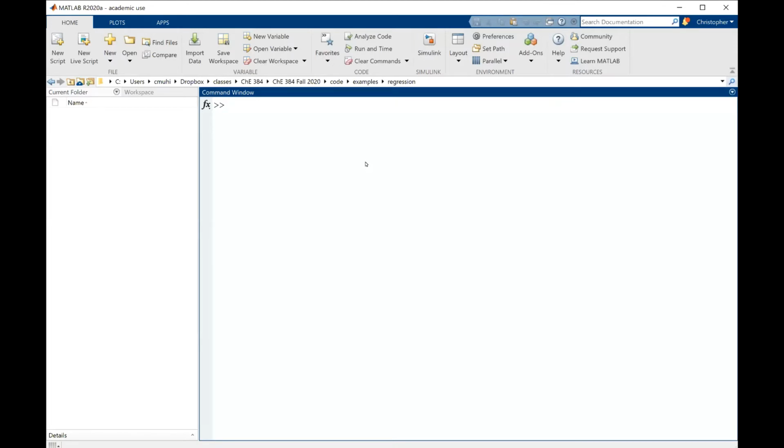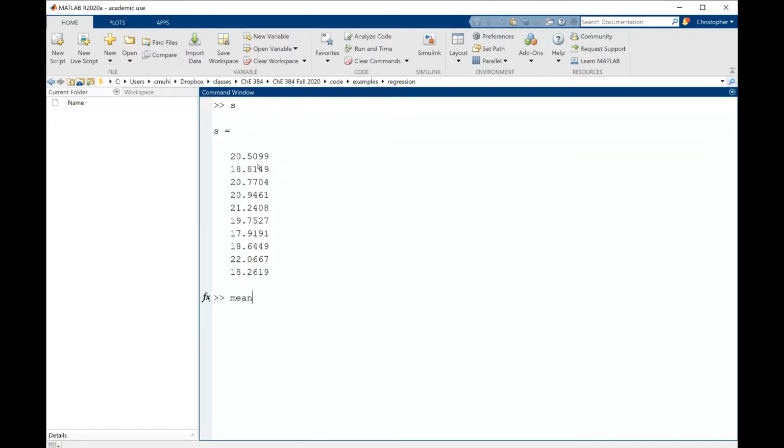Here I am in Matlab. I've started out by providing a random set of numbers in a variable called S. So let's go in and just see how these different commands are going to work.